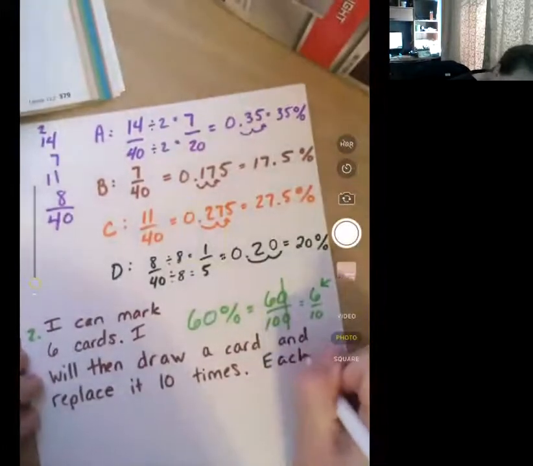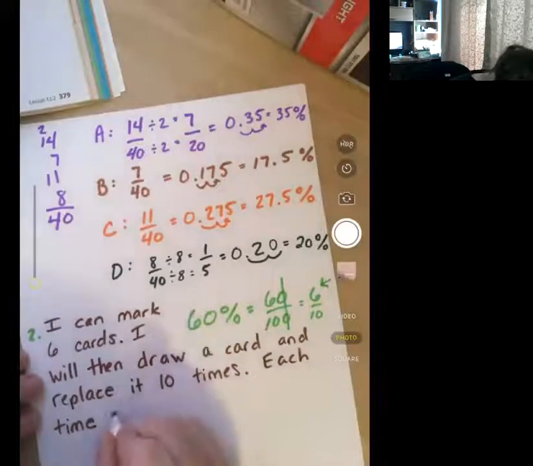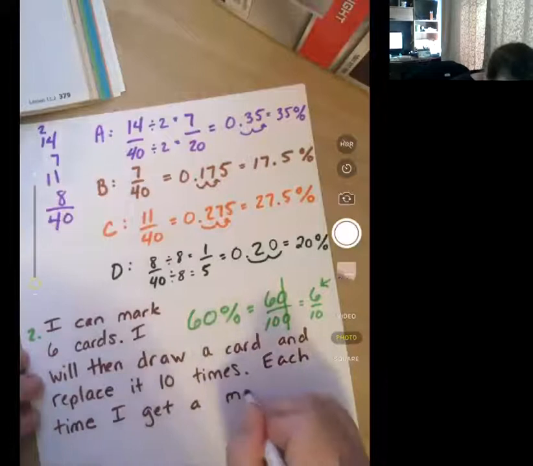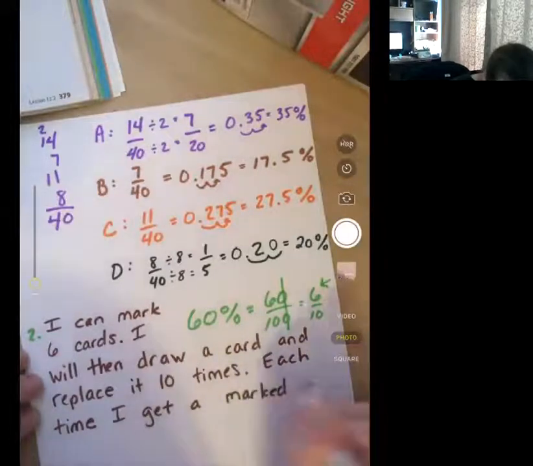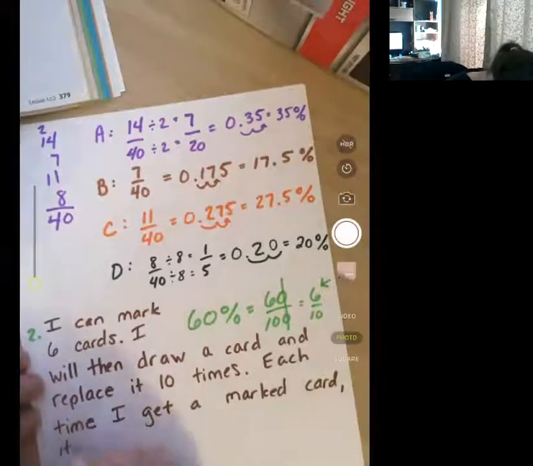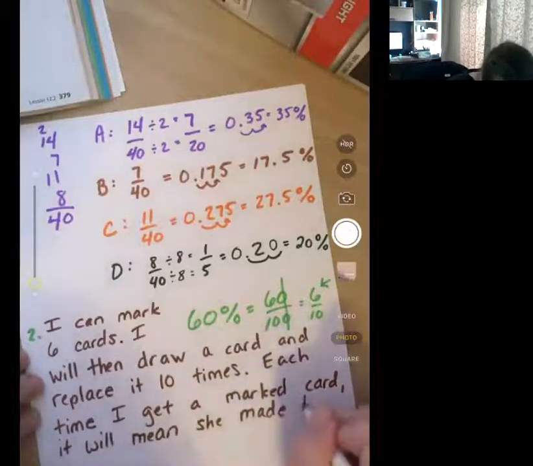Each time I get a marked card, it will mean she made the free throw.